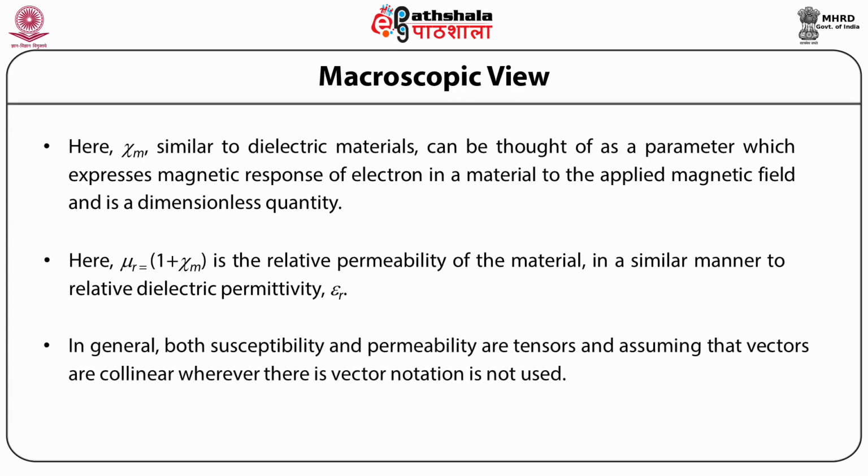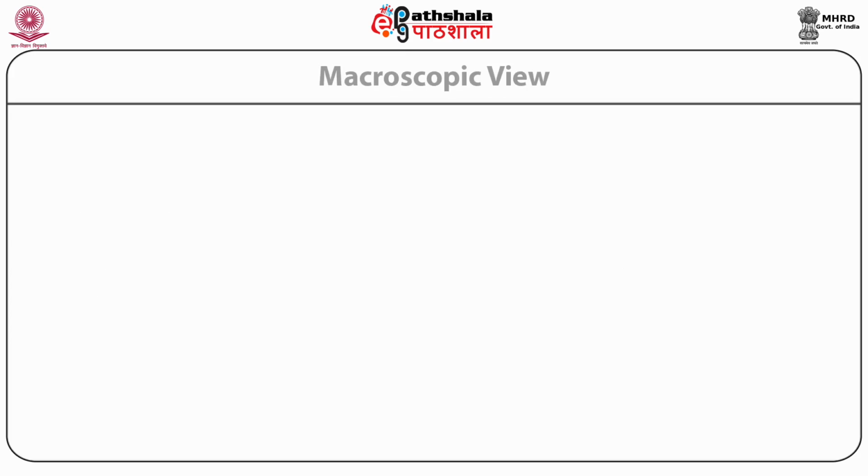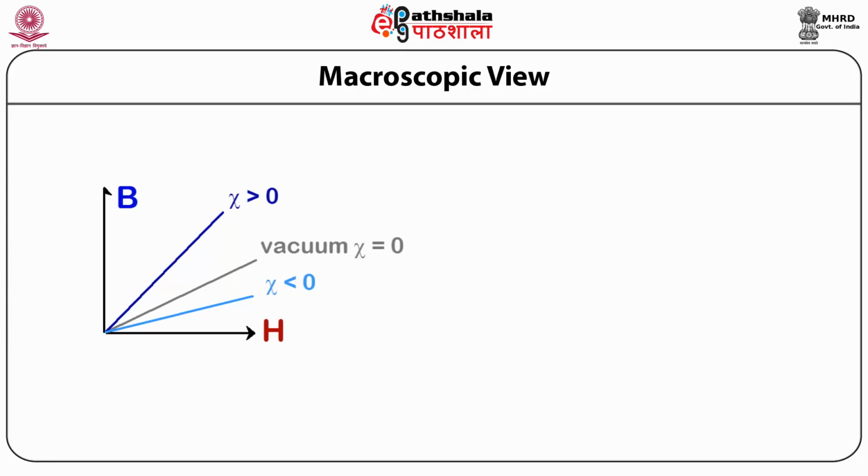In general, both susceptibility and permeability are tensors, and we assume that vectors are collinear wherever vector notation is not used.